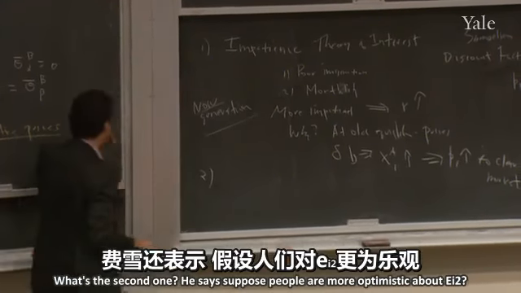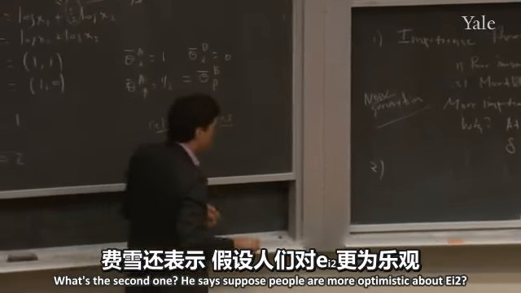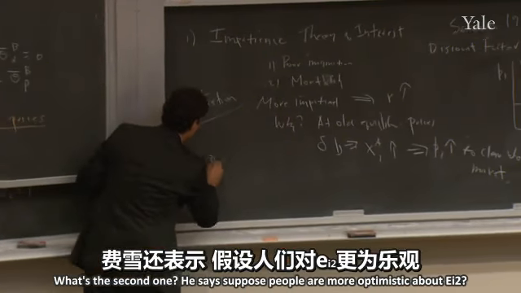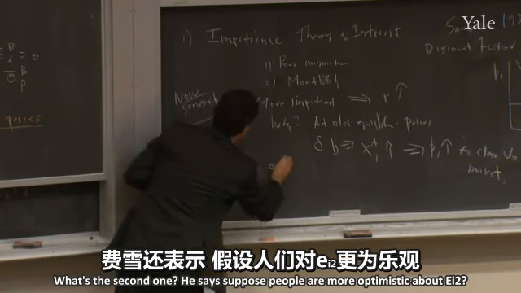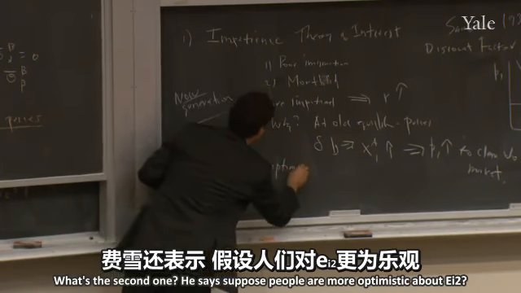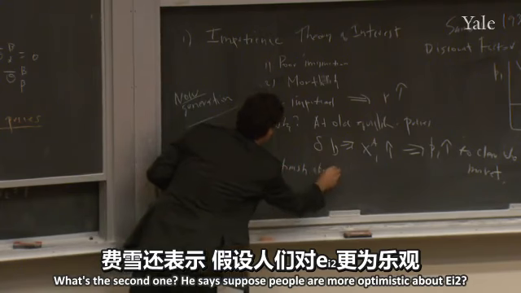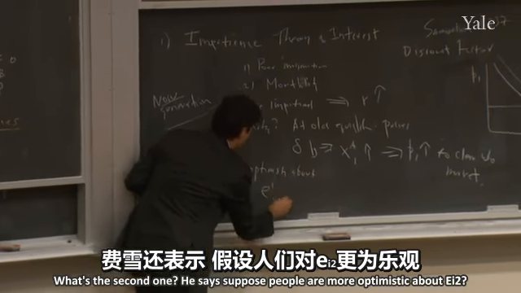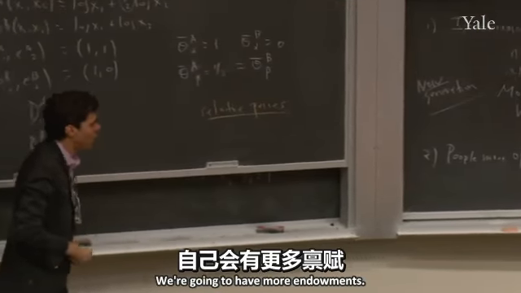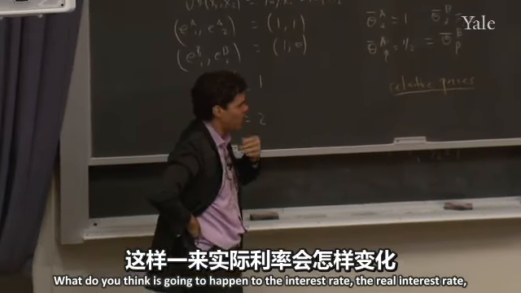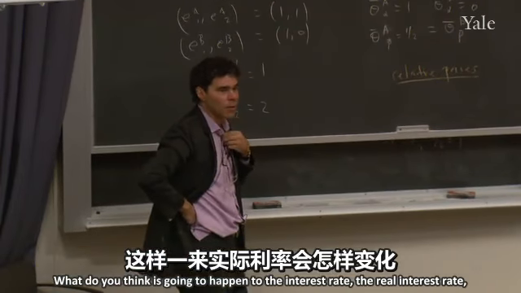What's the second one? He says, suppose people are more optimistic about E2. Everybody thinks the world's going to be much better next year. We're going to have more endowments. What do you think is going to happen to the real interest rate?